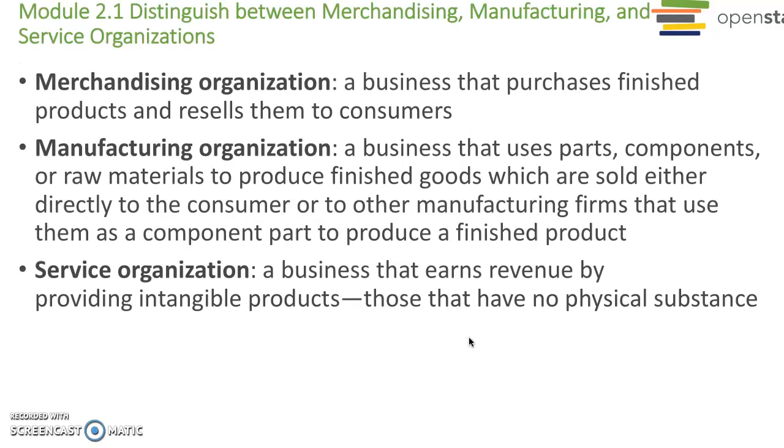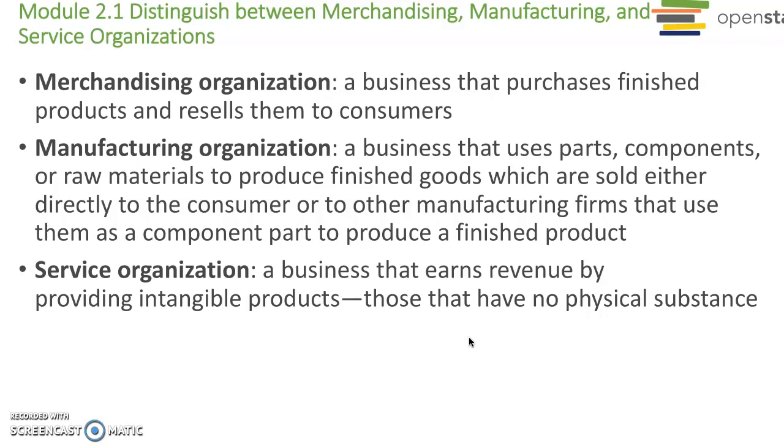of a mixed cost. So the first thing we want to talk about is what is the difference between merchandising organizations versus manufacturing and service companies. First of all, the main difference is their source of revenue. In a merchandising and manufacturing organization, they sell finished goods.